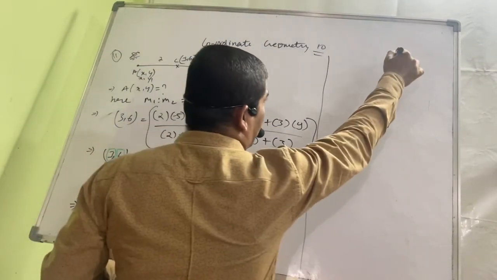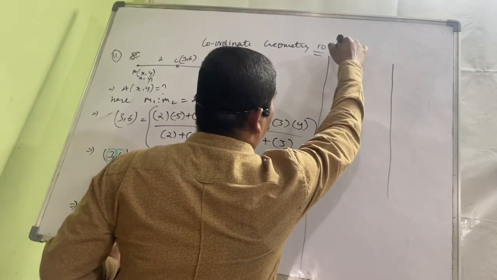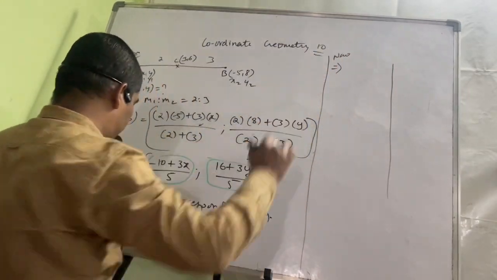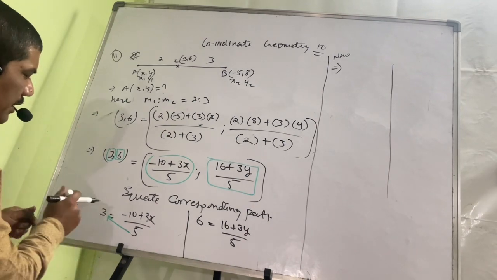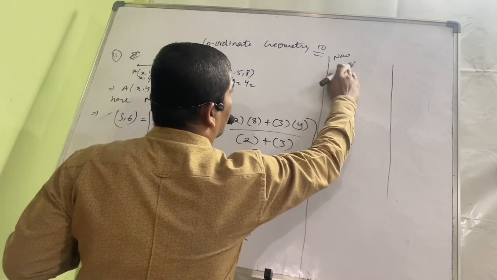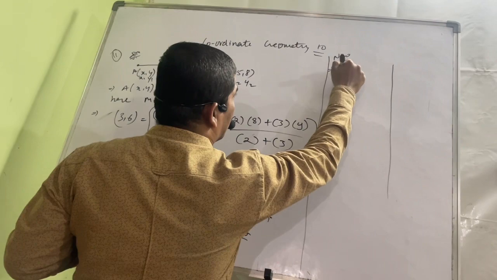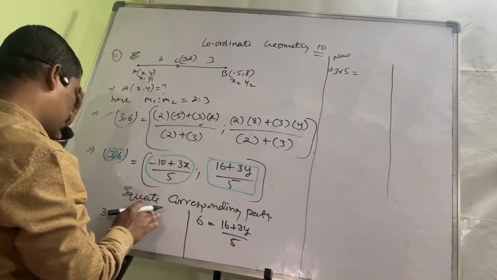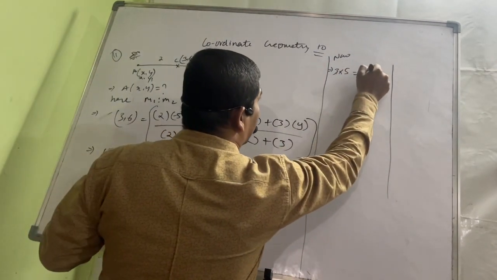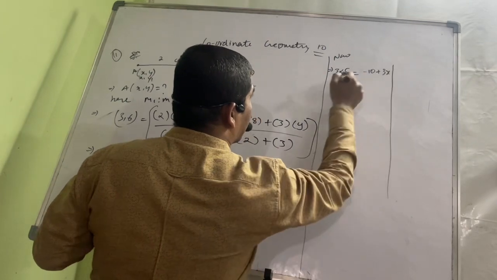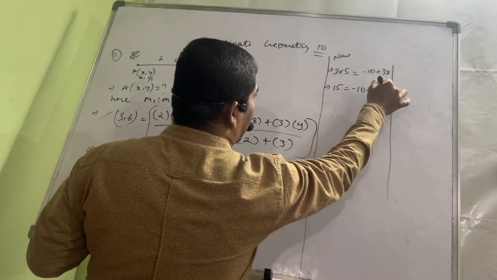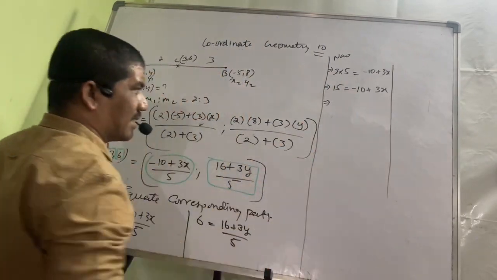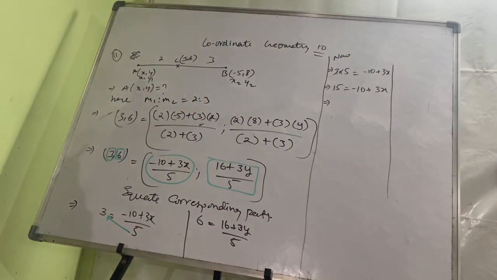Now in the next step, I'll solve the first one here, then continue with the second one. First we'll solve this one. 5 will go here, 3 into 5. The numerator will remain as it is: minus 10 plus 3x. 3 into 5, 15. We need x, which is on the right-hand side, so keep it on the right-hand side only.